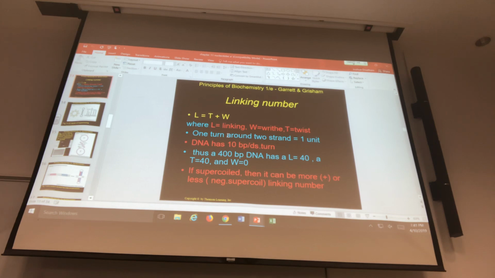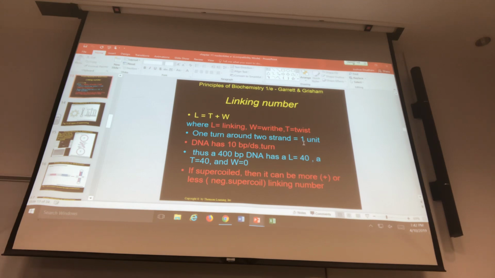If there is any supercoiling added, you will have to investigate your linking number, your twists, and your writhe to figure out what type of supercoiling is currently being experienced by that DNA. If there's negative writhe, what happens to linking number? It's going to be lower than what you'd expect.